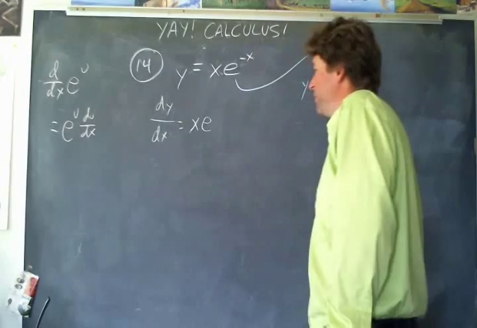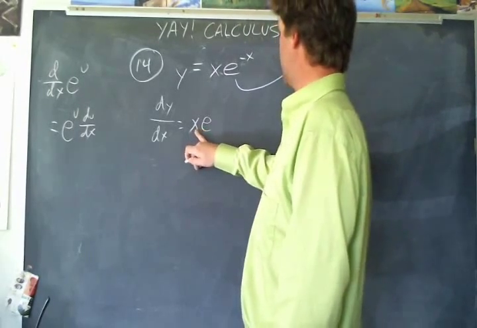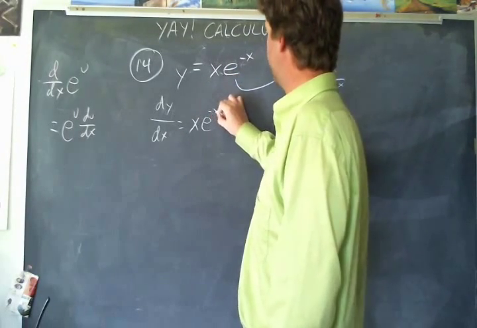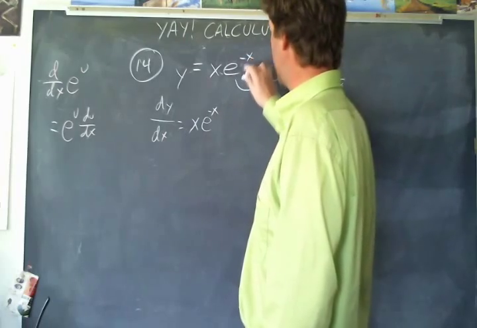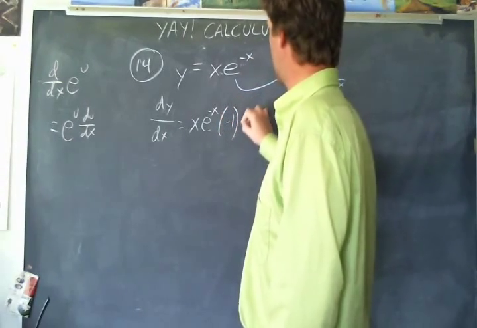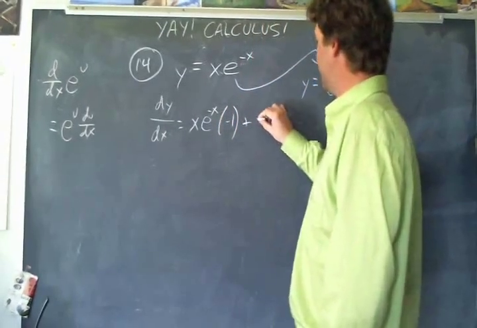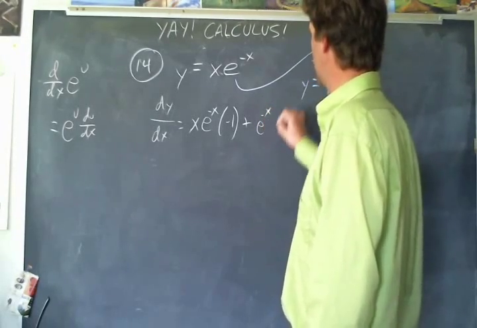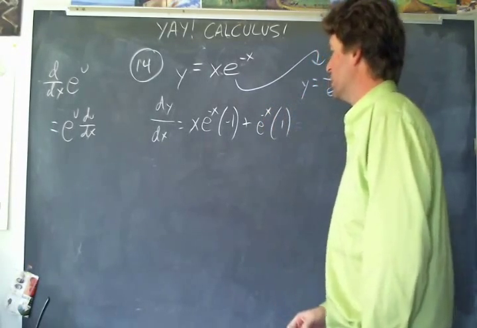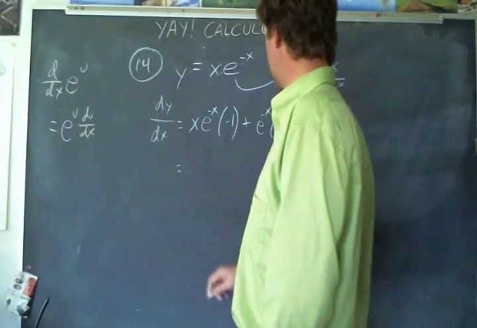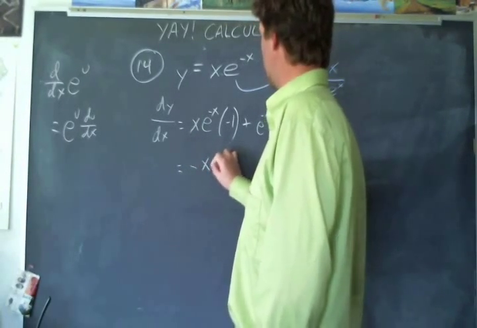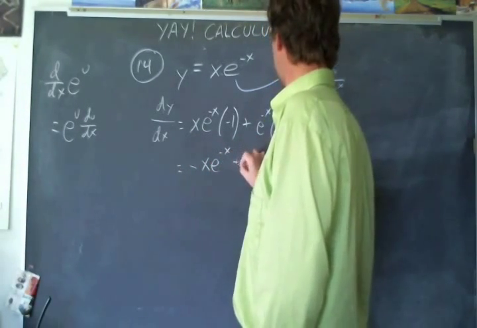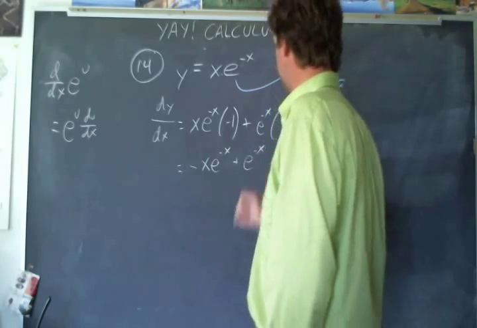So formula: the first times the derivative of the second. So that's e to the u times the derivative of negative x, which is negative 1, plus the second times the derivative of the first, 1. So this will be negative x e to the negative x plus e to the negative x.